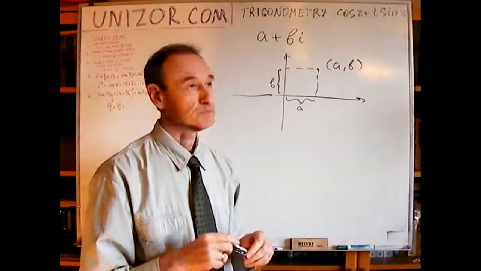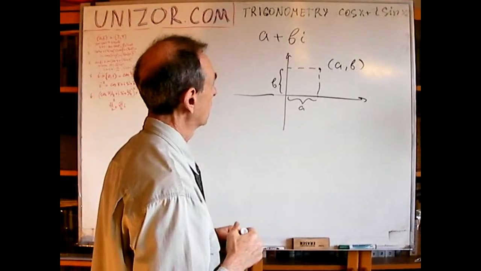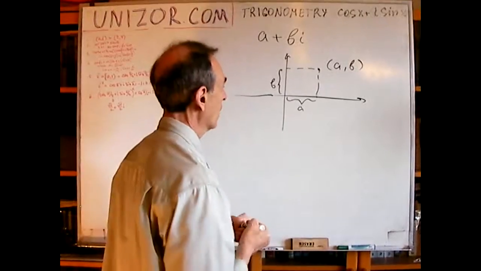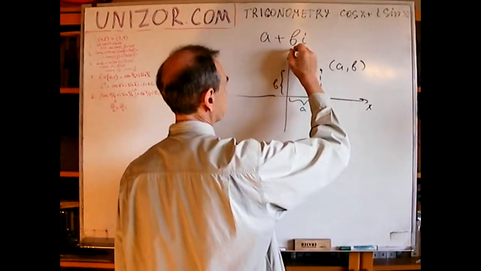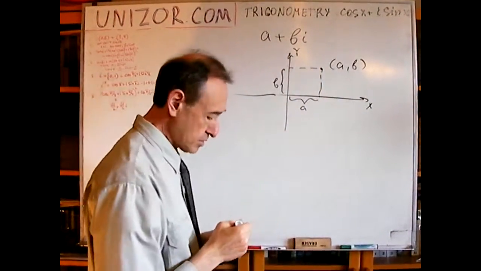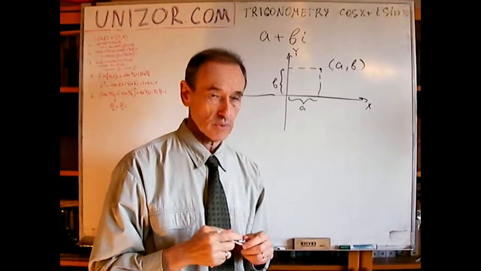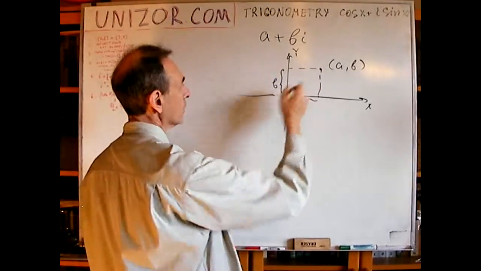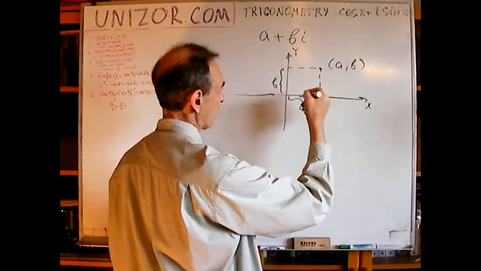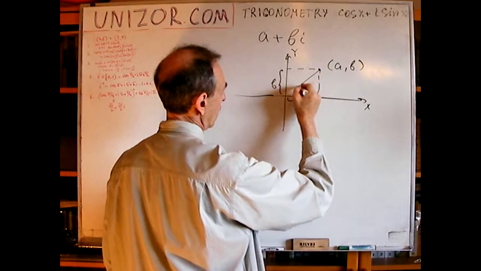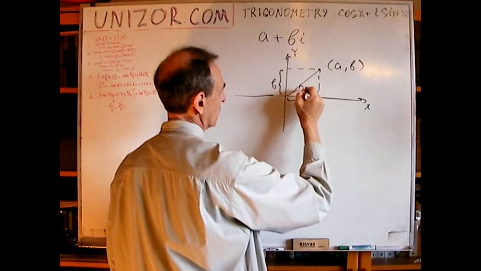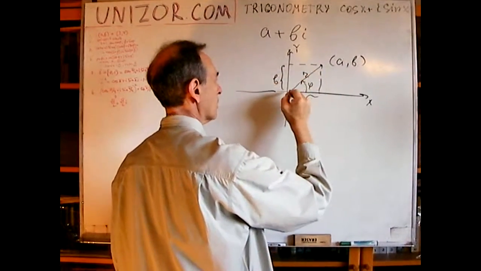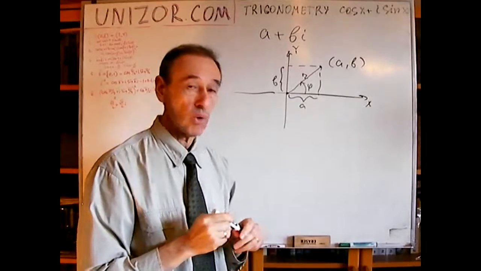Now, if you consider not only this Cartesian system of coordinates, x, y, but also the polar system of coordinates. If you remember, in the polar system of coordinates, the point is also defined by two parameters, which are the angle, the polar angle, and the distance from the pole itself.